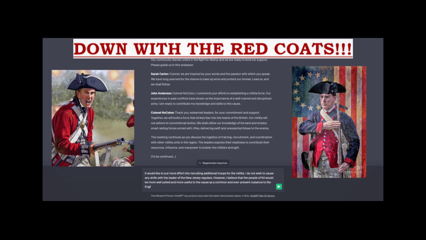Destroying supplies before they can be given to English soldiers will be more productive than making open war head to head with a fully supplied English soldiery.